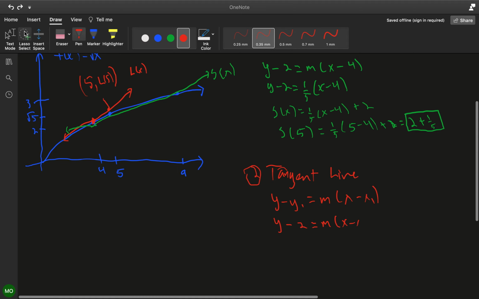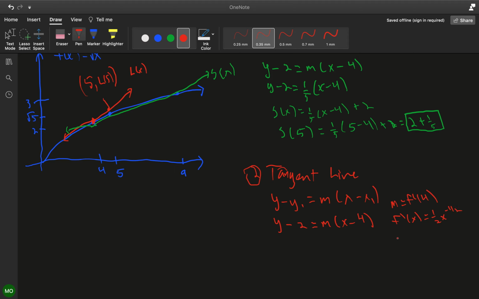We're going to just go ahead and substitute in the value directly. x minus 4. And then m is going to be equal to f prime at 4. So f prime of x using the power rule is going to equal 1/2 x to the minus 1/2. So f prime of 4 is going to equal 1/2 times 4 to the negative 1/2, making f prime of 4 equal to 1/4.